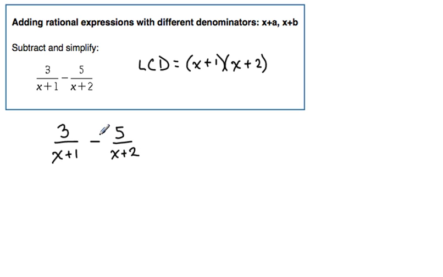x plus 2. The first term is missing x plus 2 from the denominator, so we have to multiply the bottom by x plus 2. However, we also have to multiply the top by x plus 2 because we can only multiply by a form of 1.